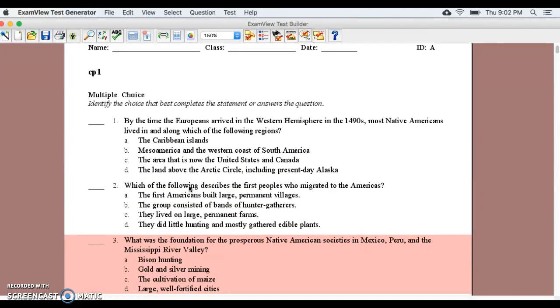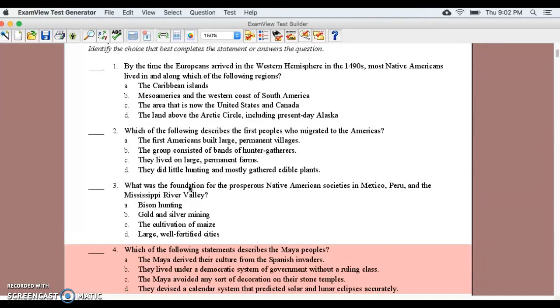So let's see, Native American societies. Again, think about the importance of elements like agriculture. Think about what agriculture does. It allows societies to be sedentary, meaning they stay in one place, and that builds civilizations. Which of the following statements describes the Maya?